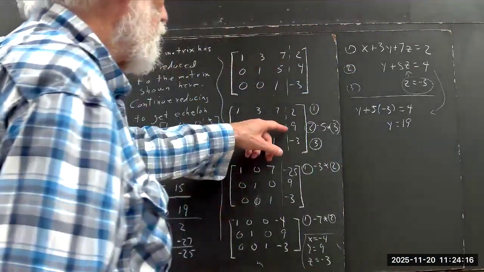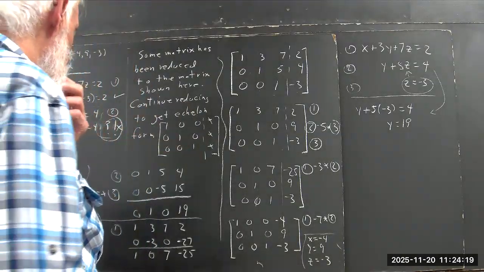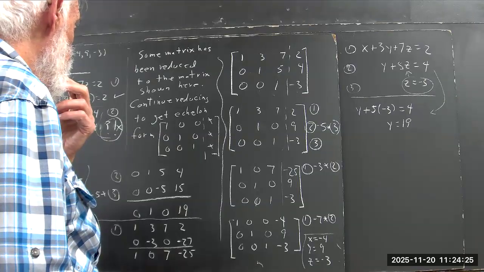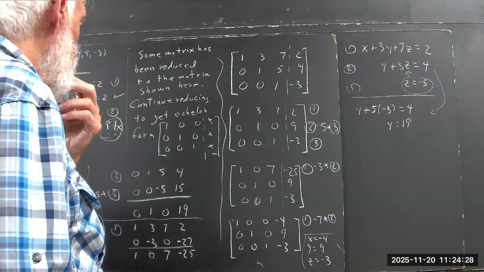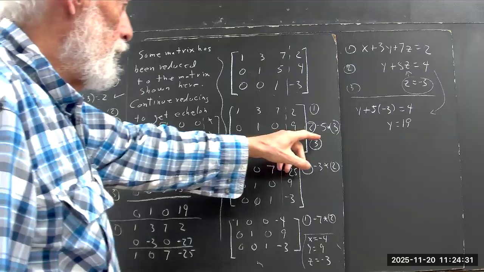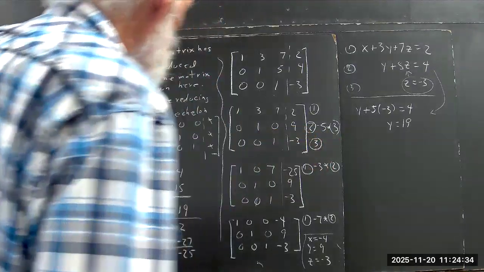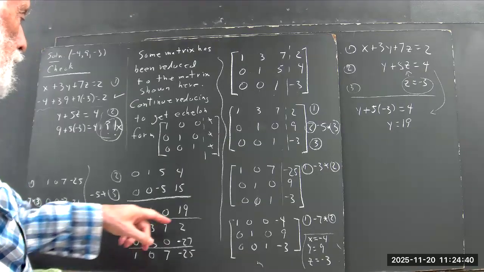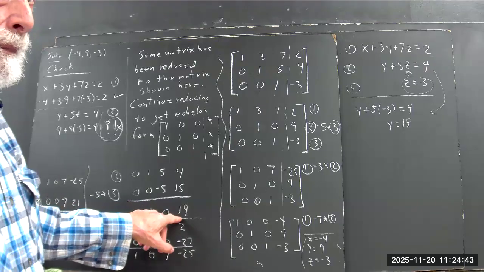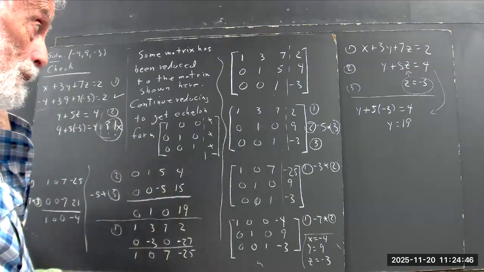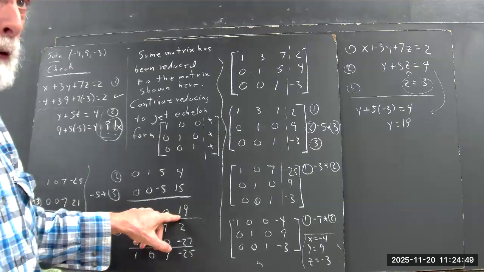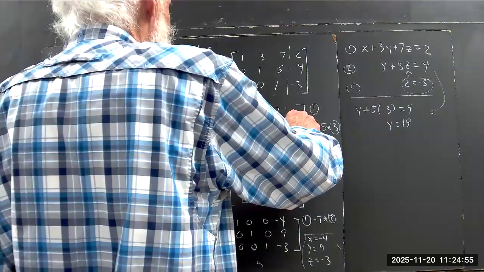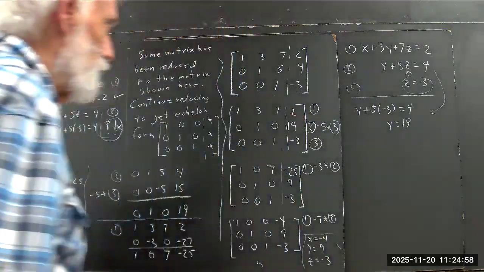Now over here, I got 9 when I added -5 times row 3 to row 2. Uh-huh. See that 19 there? Would have been much better if I'd written down that 1 in front of the 9. Because now we agree, and now everything else, or at least some of the rest of it, changes.